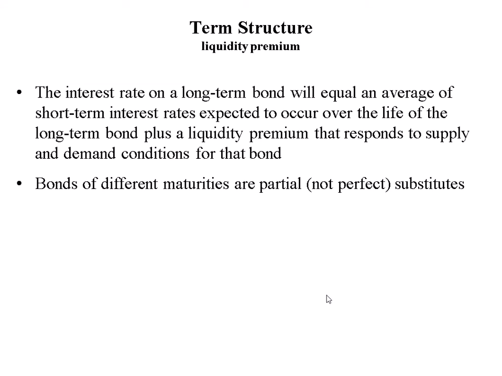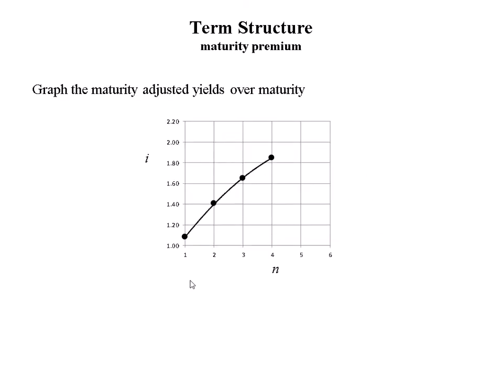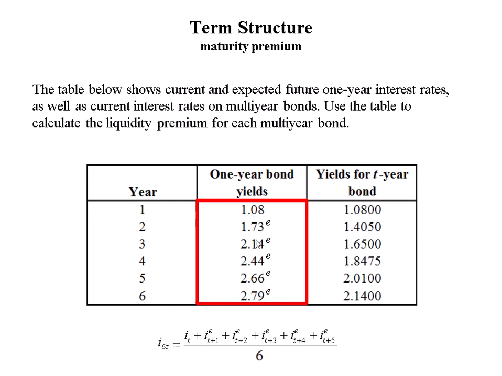Now, in liquidity premium theory, bonds of different maturities are partial, not perfect substitutes. So the problem with expectations theory is this. These might be the expected yields in the future, but in a year it could be 1.8 or 1.5. In 2 years this could be 1.5 or 4.8, right? So these are just expectations.